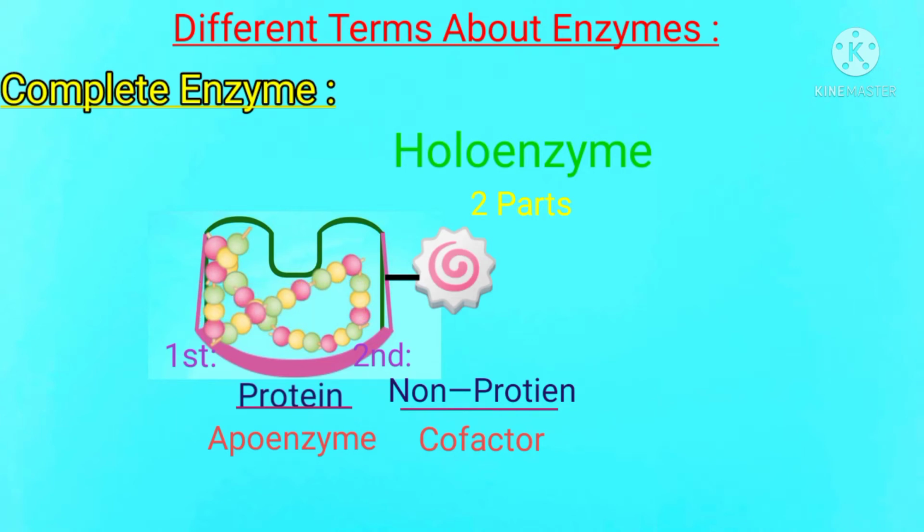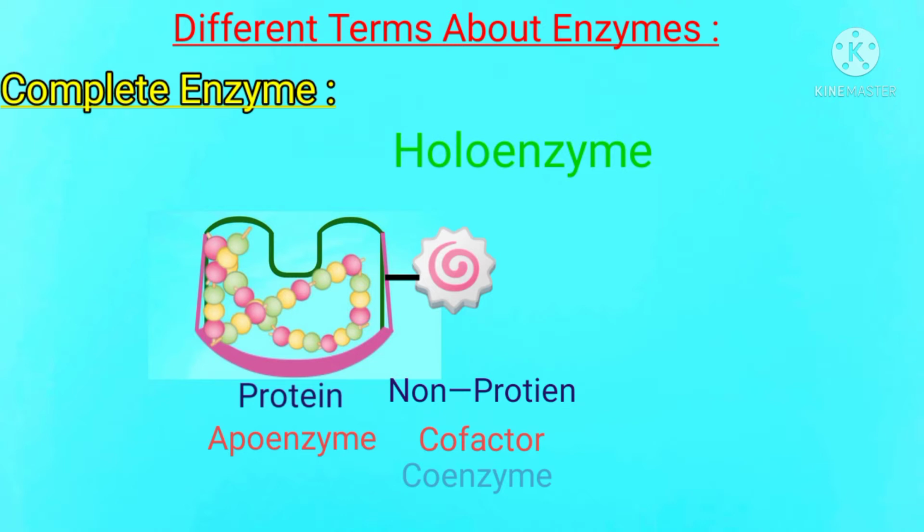Students, apoenzyme is that part of an enzyme which is synthesized by the protein part of an enzyme only. On the other hand, consider this non-protein part, which is called the cofactor or coenzyme. So what is this cofactor or coenzyme? It is the non-protein part of an enzyme.